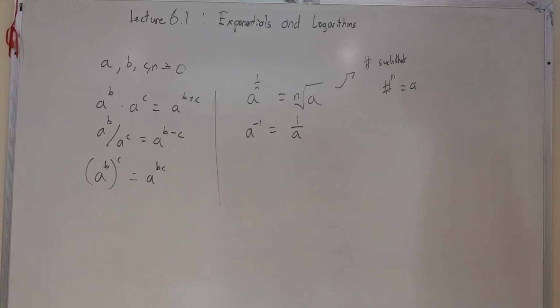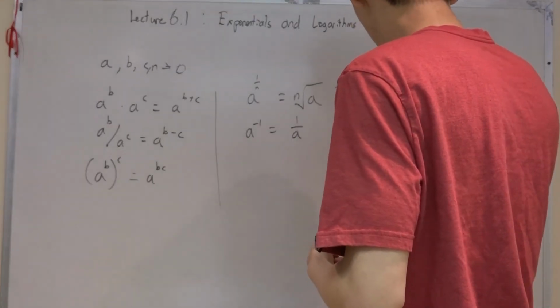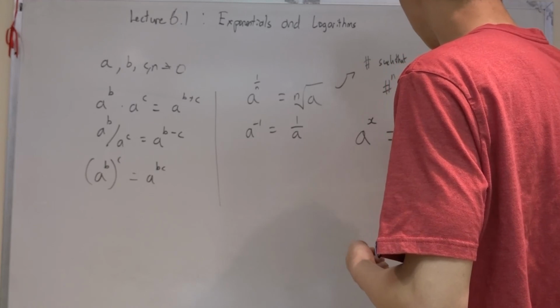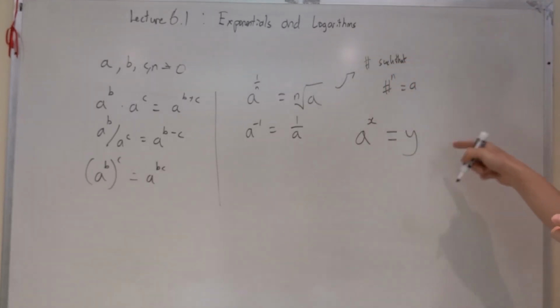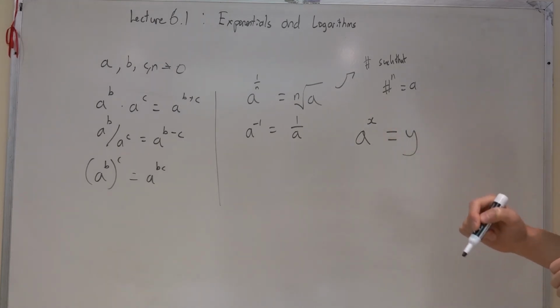With that groundwork being done, we need to now start thinking about the more general relationship of exponents. Namely, if I have that a to the x is equal to y, where a, x, and y are all numbers, what does that tell me about a, x, and y? Right?